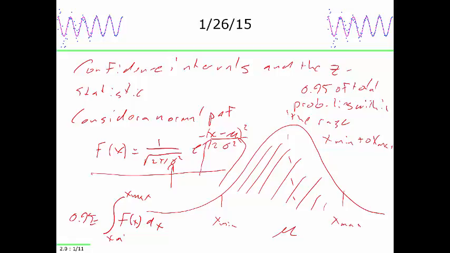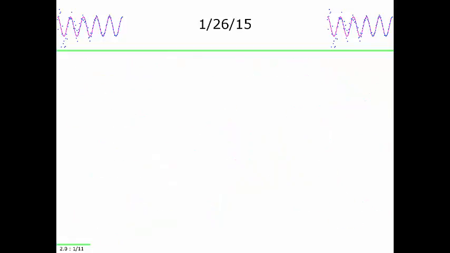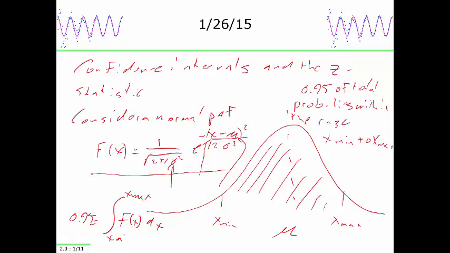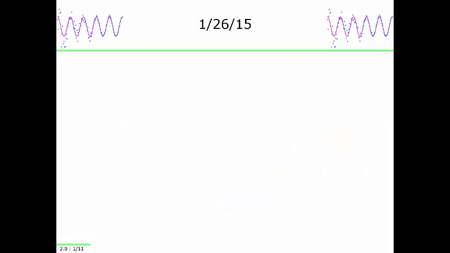So, okay, for a Gaussian distribution, if we want to come up with a general way of looking at any Gaussian function and finding that same range, we're going to make a substitution to the z-statistic. Okay, so is it okay to move on? Questions? No, fantastic. So let's consider the substitution.